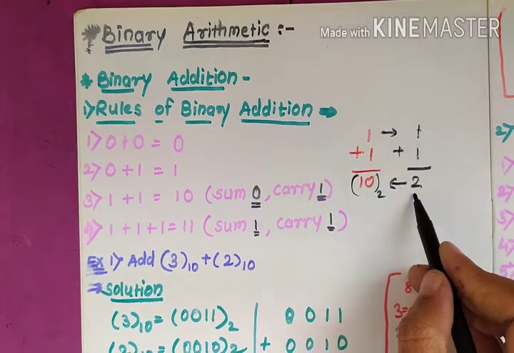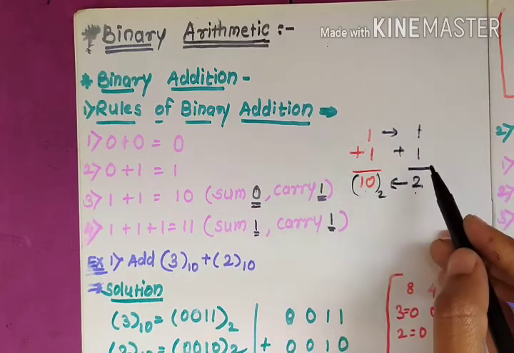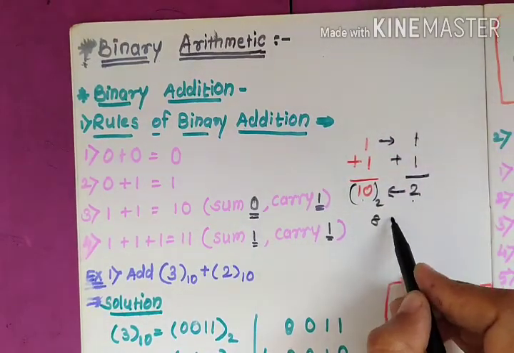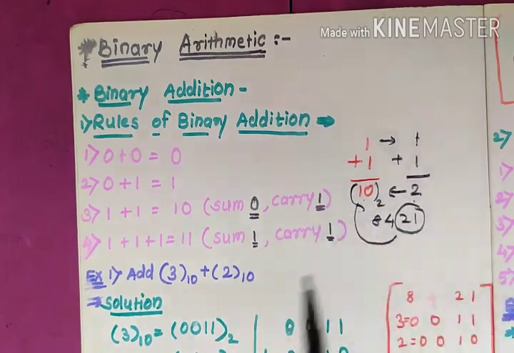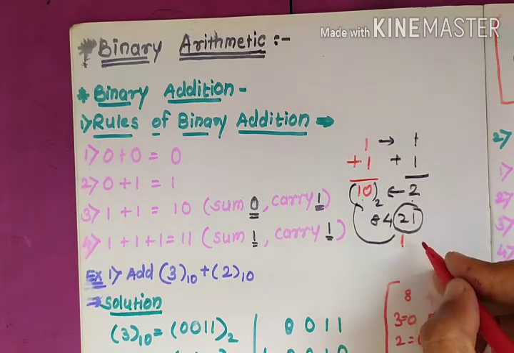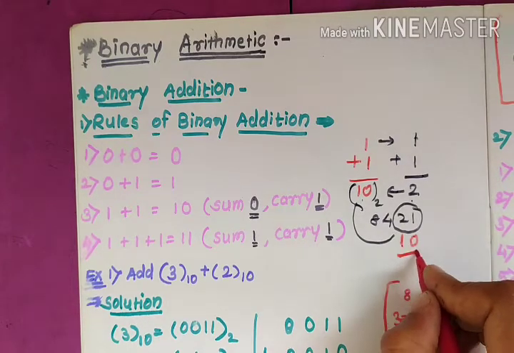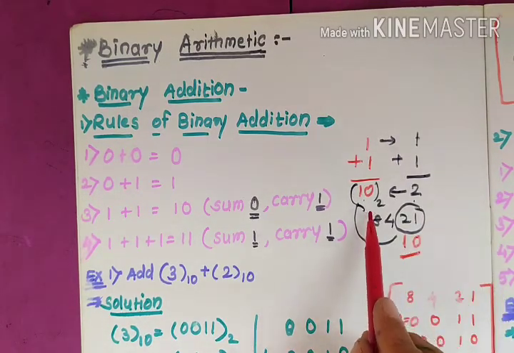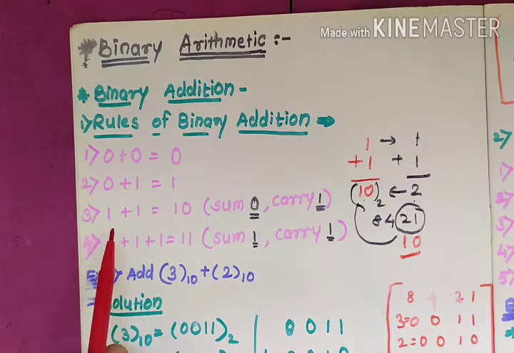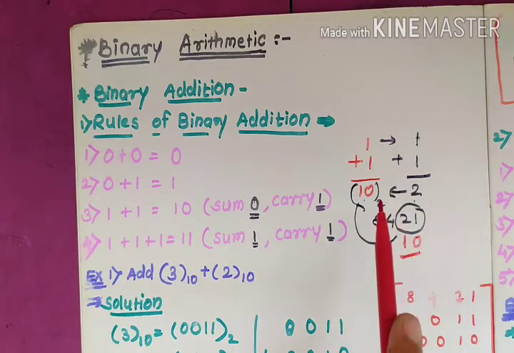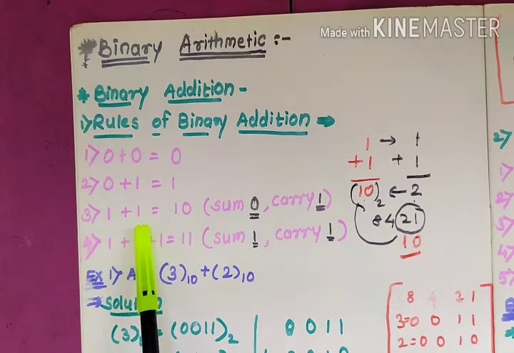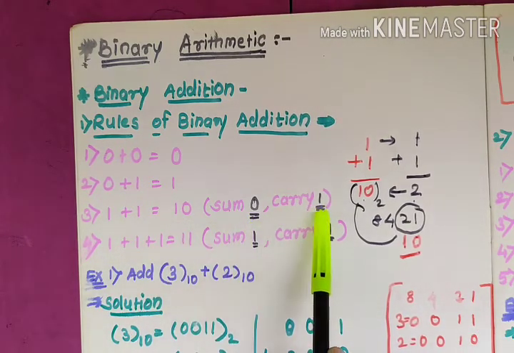And we can represent this 2 in binary according to this 8421 code in this way, or by writing only 1 below this digit and 0. So this is a 2-bit representation. So we get the addition of binary 1 plus 1 is equal to 10, not 2. This is in decimal and this is in binary. Okay student, remember this. 1 plus 1 is equal to 10, then sum 0 carry 1.